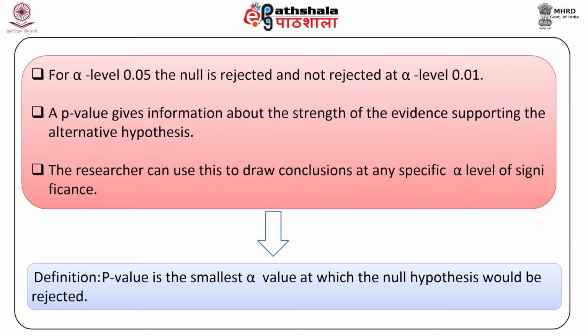Let's define this. The p-value is the smallest alpha value at which the null hypothesis would be rejected. Calculation of p-value depends on whether the test is upper-tailed, lower-tailed or two-tailed. So let ZC denote the calculated value of the test statistic as shown in the figure earlier.